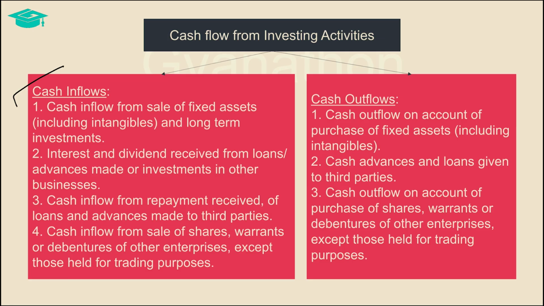We have already discussed just a while back that when such instruments are held for trading purposes, then the cash flows from such trading is classified as cash flow from operating activities.